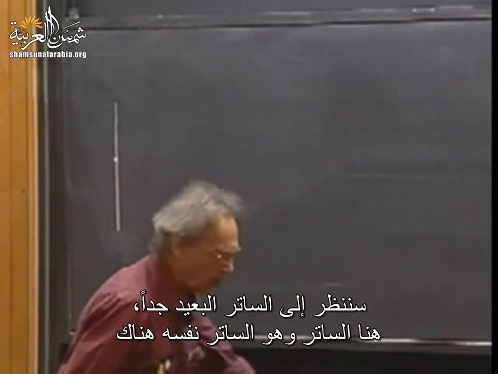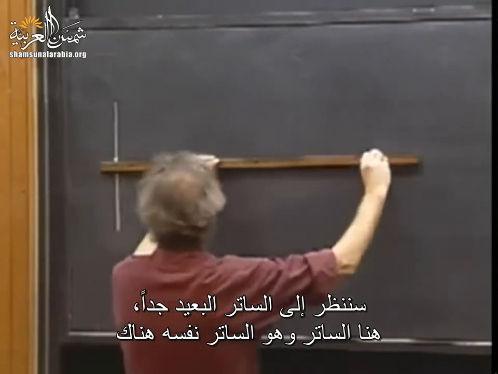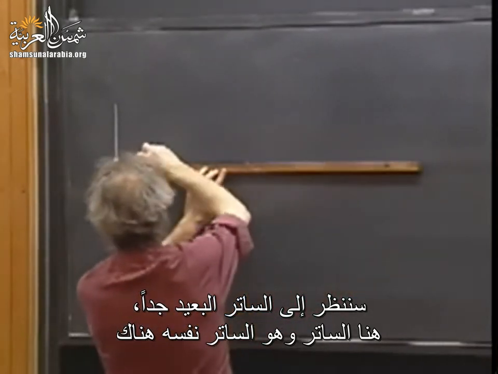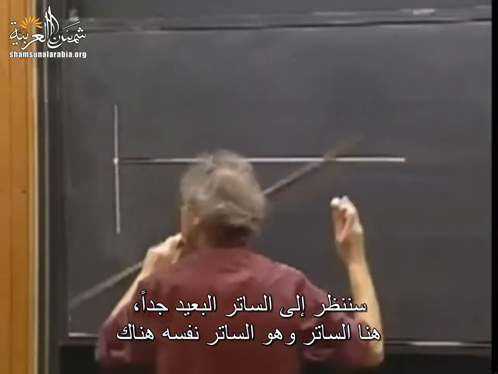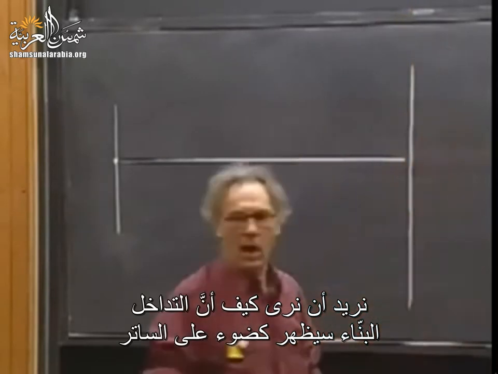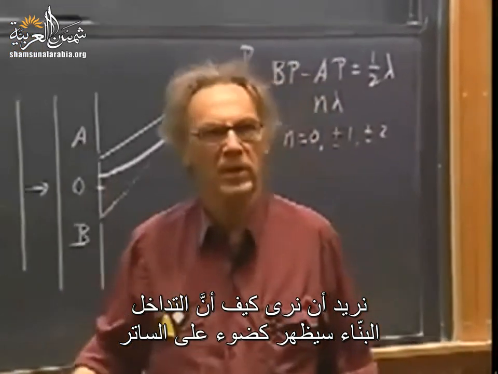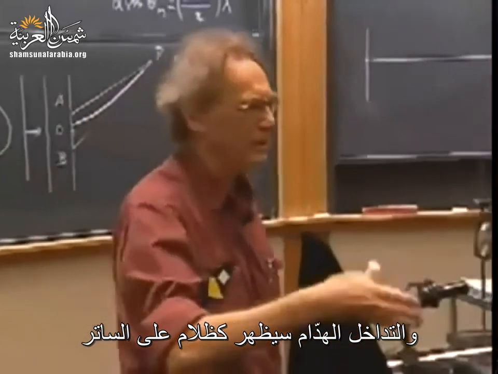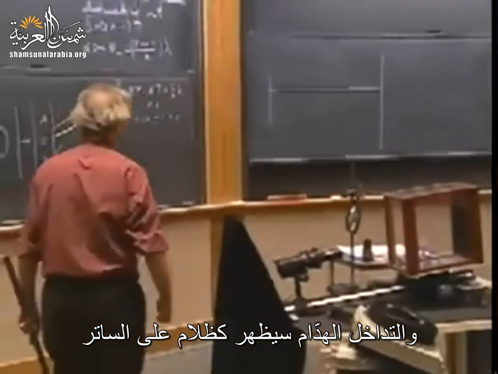So this is the point where the 2 openings are. And we are going to look on the screen, which is far away. So here is a screen. And we want to see how the constructive interference, that means light, shows up on the screen, and how the destructive interference, that means darkness, shows up on that screen.